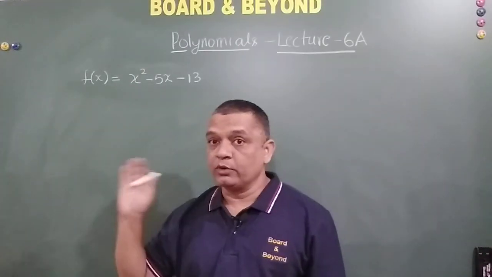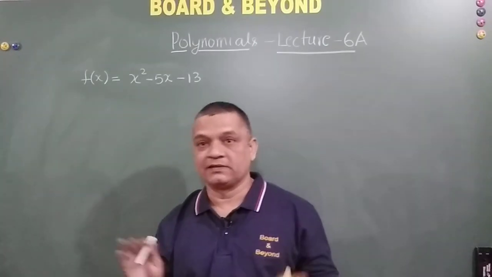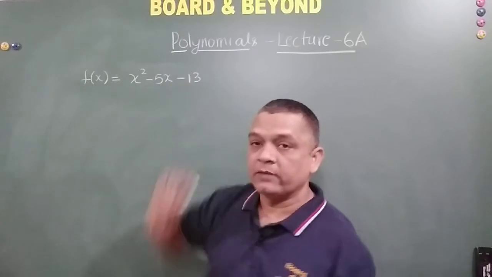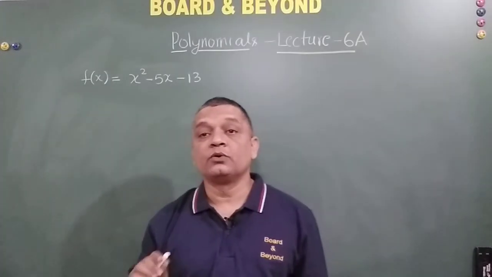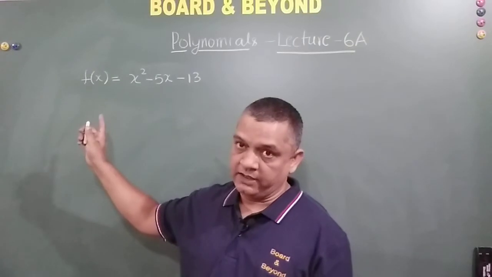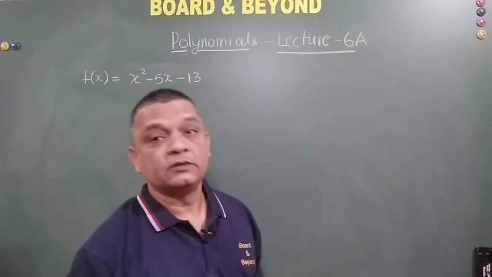Whenever both the numbers are prime, apart from 2, which is an exception, please don't go on trying to factorize the polynomial. Let's see how we can solve it without factorization.